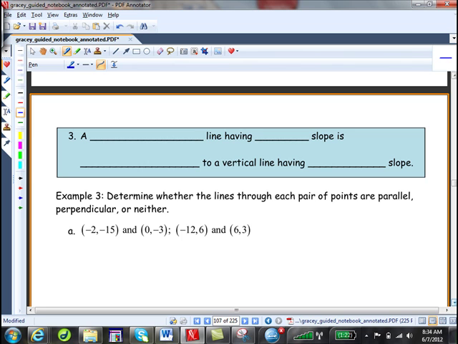And then thirdly, a horizontal line having what kind of slope? Good, 0 slope is perpendicular to a vertical line having what kind of slope? Awesome, undefined slope.